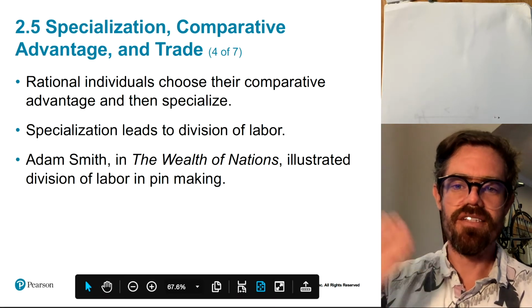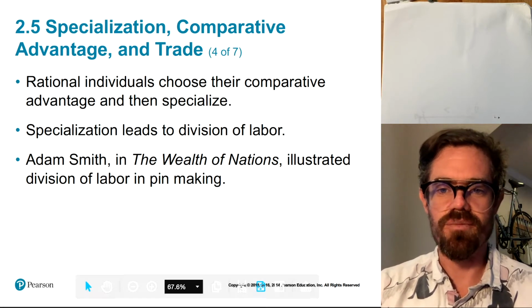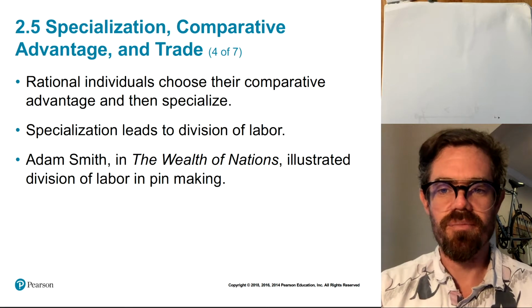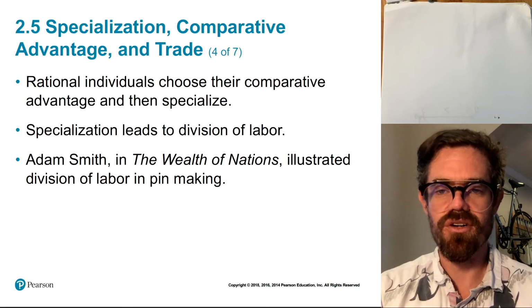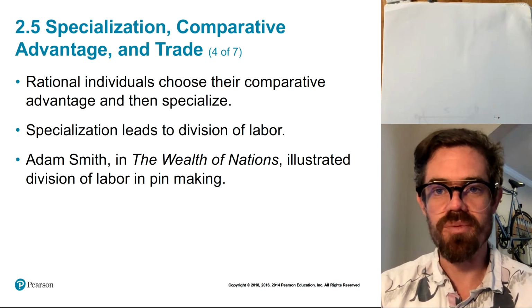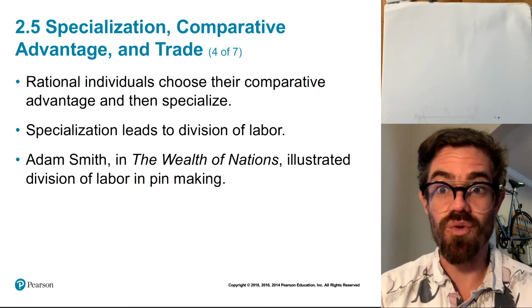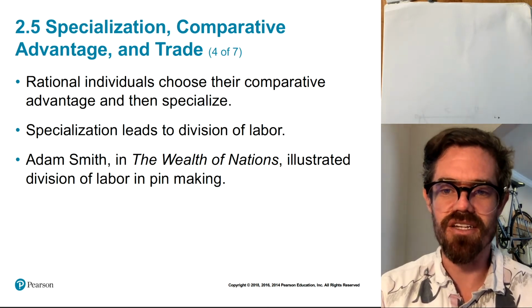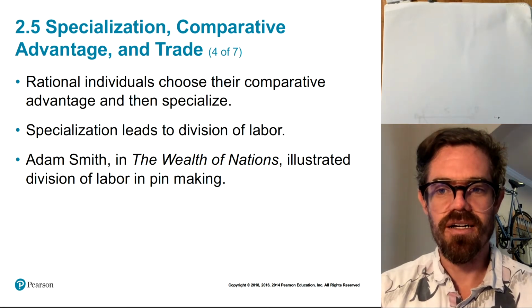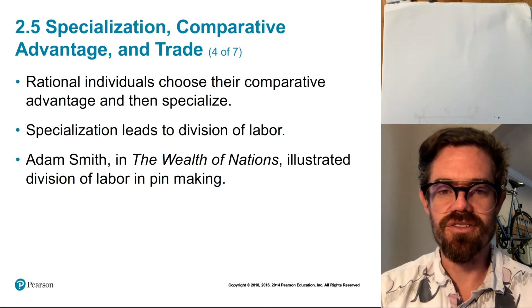Now, let's tie this back into our rationality assumption, right? So rational individuals choose their comparative advantage and specialize. So just as an example of that, I have a comparative advantage relative to most people in teaching economics, right? So that's why I am specializing in teaching economics, because compared to most other people, I have to give up very little to teach economics.